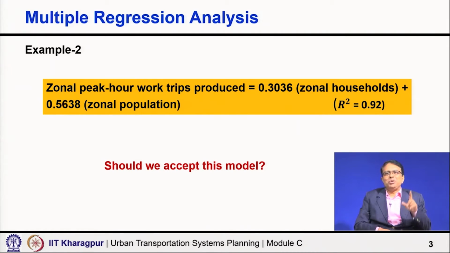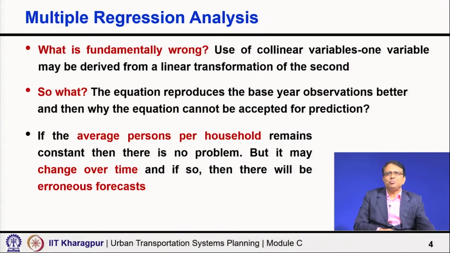but one obvious problem is there in this equation, that is use of collinear variables. We are using zonal population and zonal household. Zonal population and zonal household are highly likely to be collinear. What is zonal population? Zonal population is zonal household multiplied by average number of persons per household. That gives you the zonal population. So, zonal household and zonal population are likely to be highly collinear.